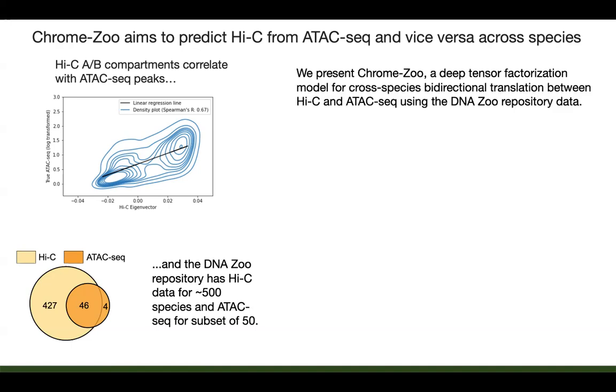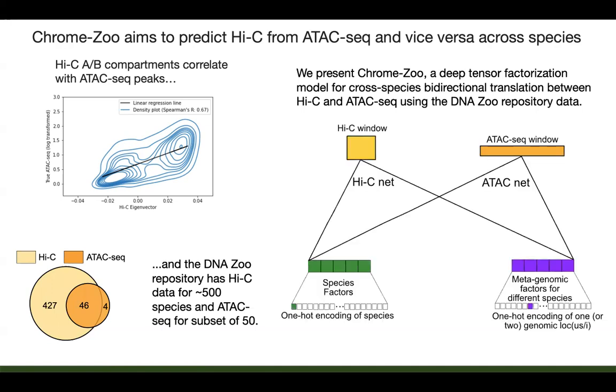Therefore, we present chromzoo, which is a deep tensor factorization model that has two inputs, a species index and a genomic position. Species index is fed into a species factor layer, and the genomic position is fed into a metagenomic factor layer.